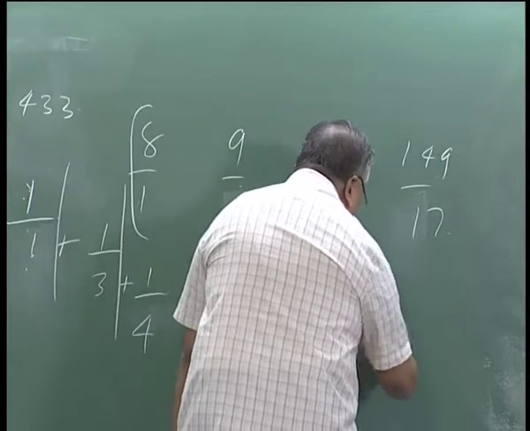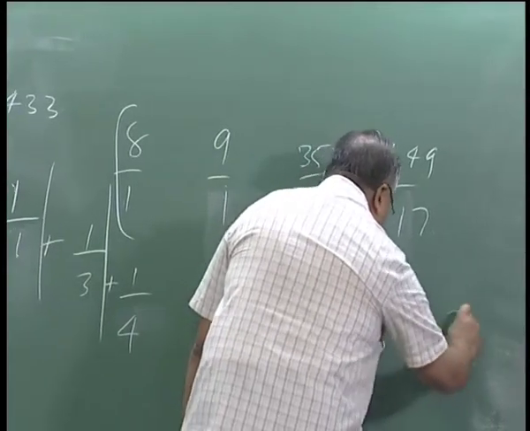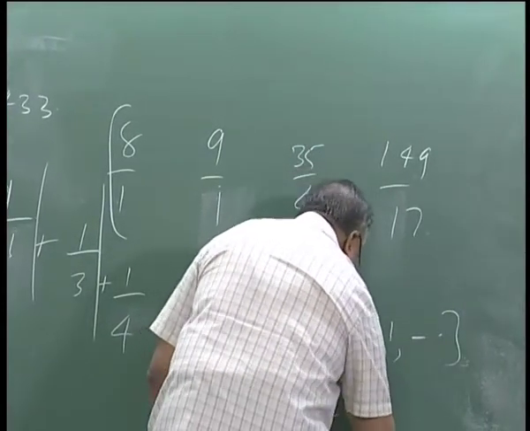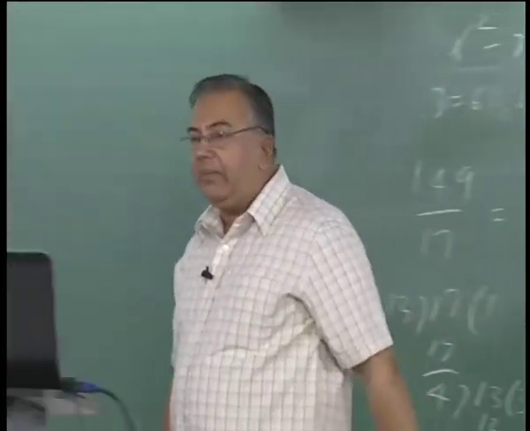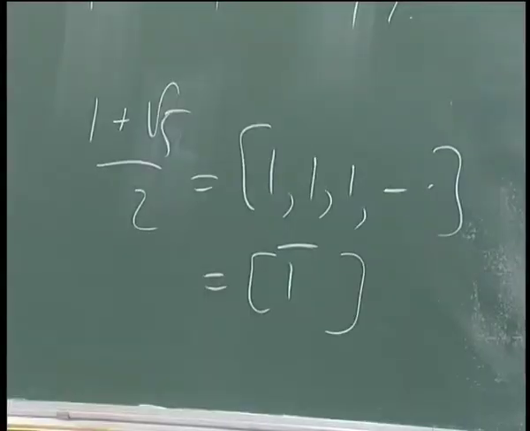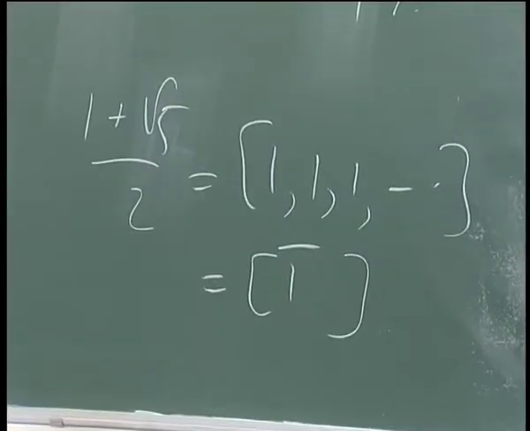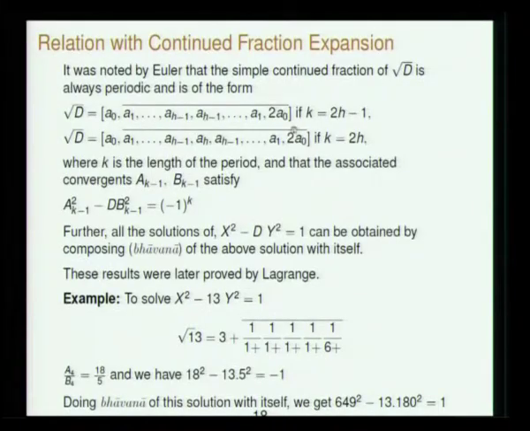This is equal to 1 comma 1 comma, so it is nothing but 1 bar. So all quadratic surds have a periodic continued fraction and vice versa, and root d is always of this form with the last entry 2a0, if the first entry is a0. This is called a period.